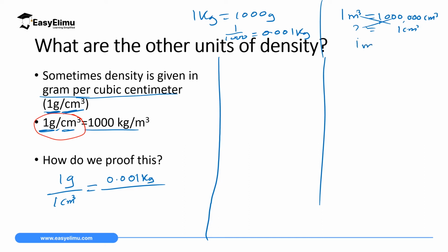It will be 1 cubic meter times 1 cubic centimeter all over 1 million cubic centimeters. The cubic centimeter cancels with cubic centimeter, so our answer remains in cubic meter, and in this case it will be 0.000001 cubic meter. So that is the relationship between 1 cubic centimeter and 1 cubic meter.